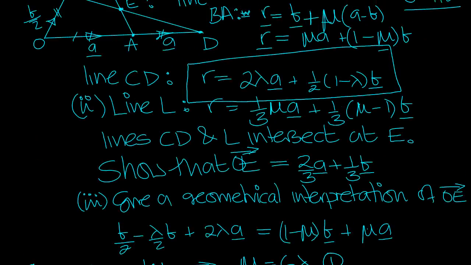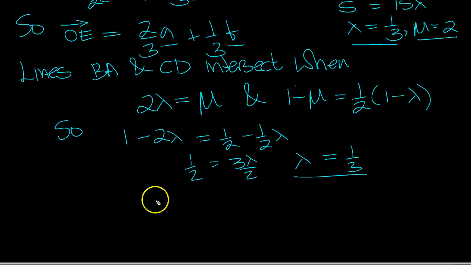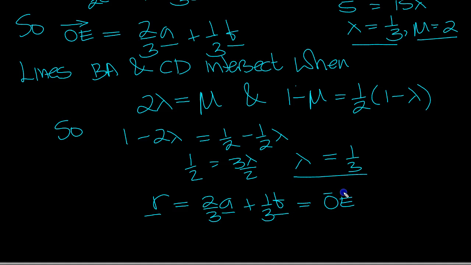You get 2/3 A plus 1/3 B. So R is equal to 2/3 A plus 1/3 B, which is equal to OE. That's the intersection of the lines.